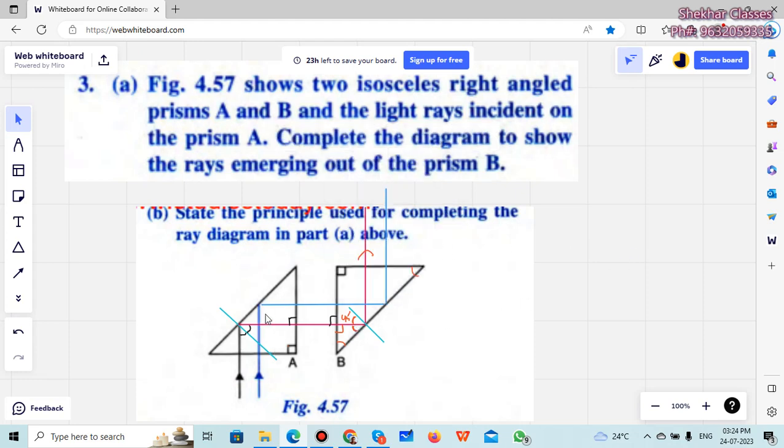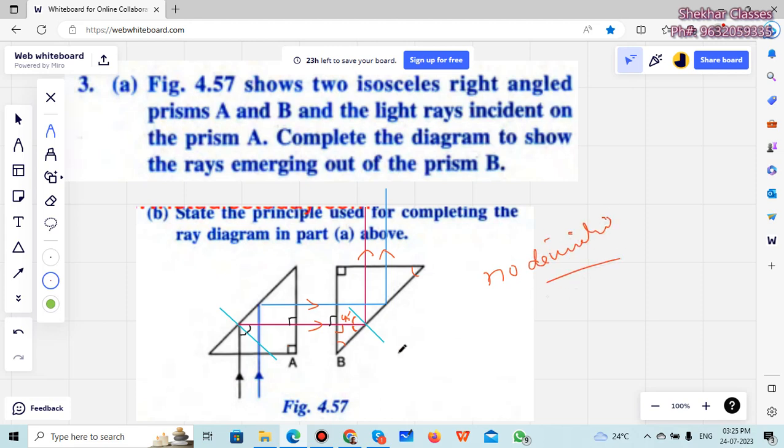Same way the other will go through, and you'll find this is how the ray of light has come out. Clear? This is the way they will get into it and come out like that. So what exactly has happened? Have they got any deviation? The answer is no, no deviation. Why no deviation? Because it's going this way and coming out also in the same way.